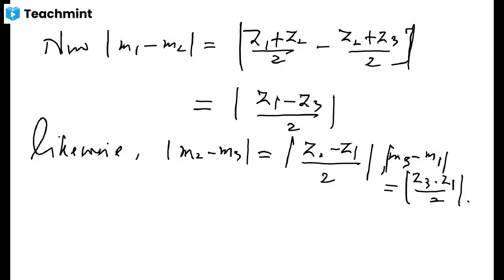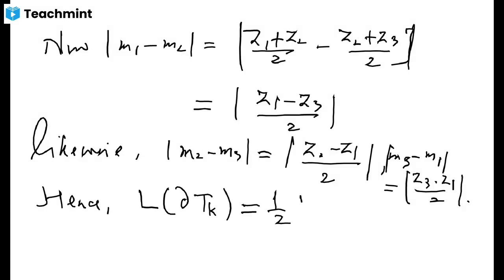So what we get from here is that the length of the smaller triangles, you have 4 triangles, is actually half the length of the bigger triangle, where k equals 1, 2, 3.